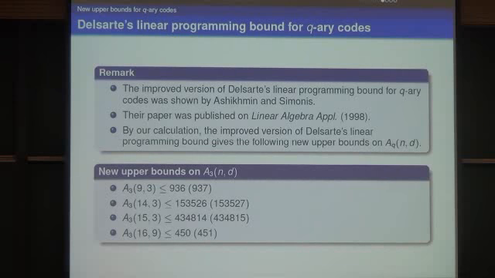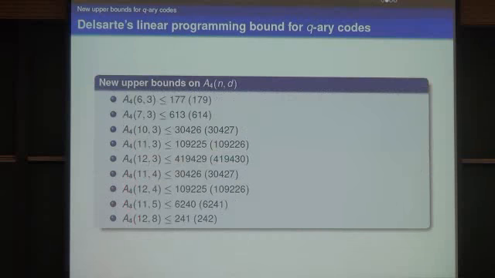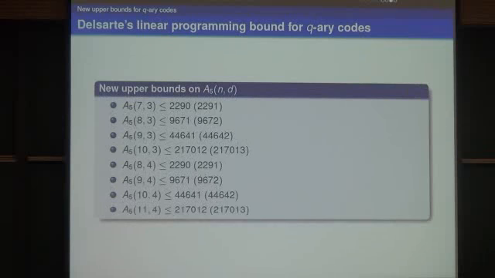This is for q equal 3, and for q equal 4. As before, this is only reduced by 1, but the only case reduced by 2 is this one. And for q equal to 5, all of these are reduced by 1.